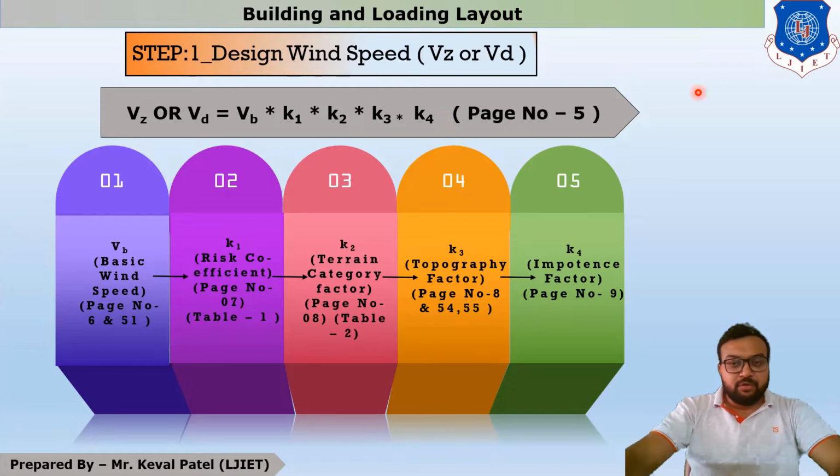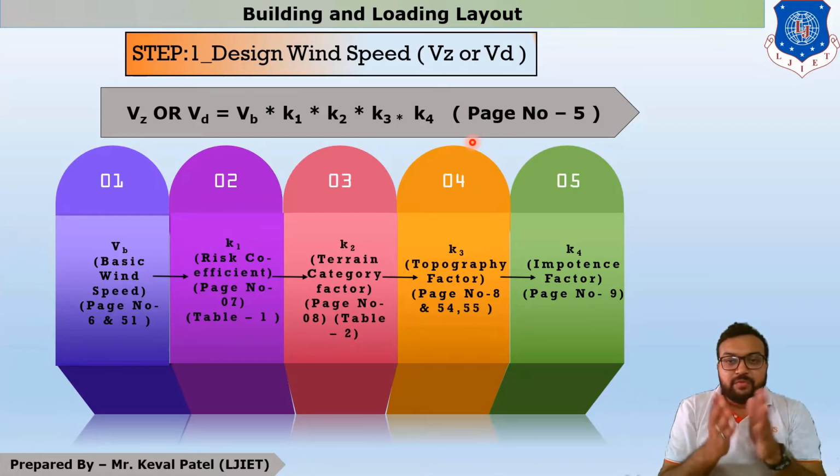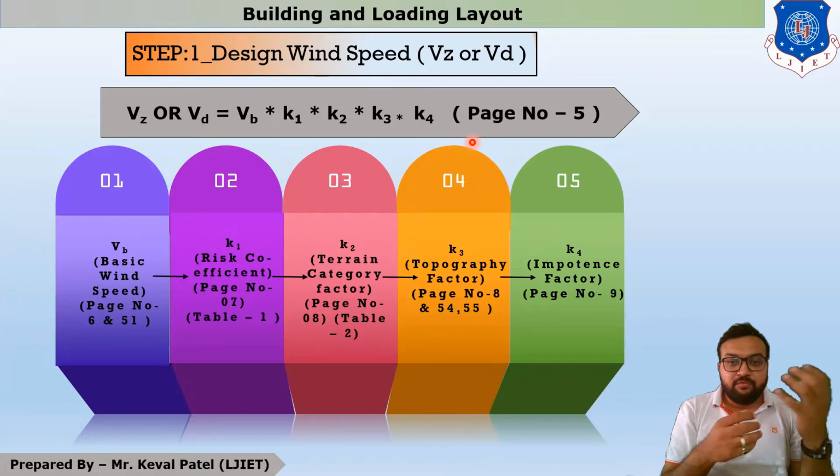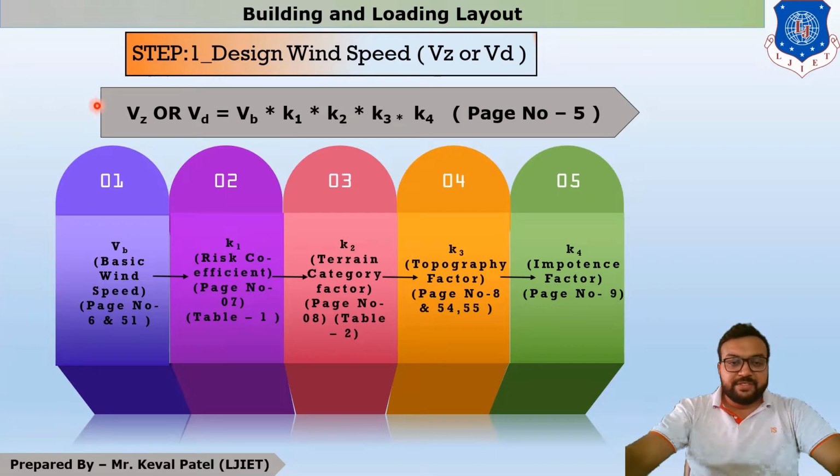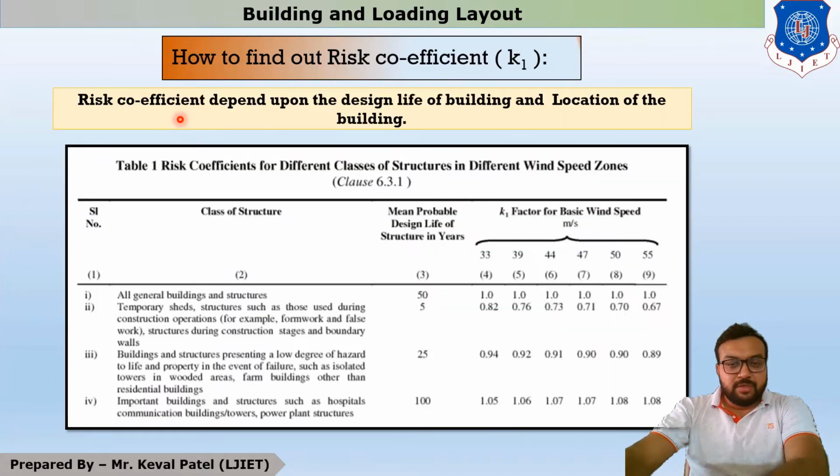This equation is given on page number 5 of IS 875 part 3 2015. In the last lecture we discussed how to calculate Vb, K1, K2, K3 and K4. After finding all these unknowns, we have the value of Vz, which is also called Vd. So this is the end of our step number 1.